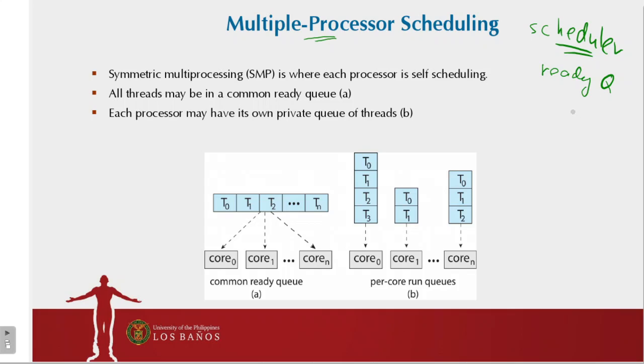One is asymmetric multiprocessing, and the other is symmetric multiprocessing.